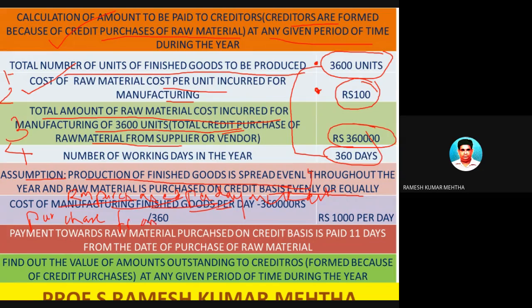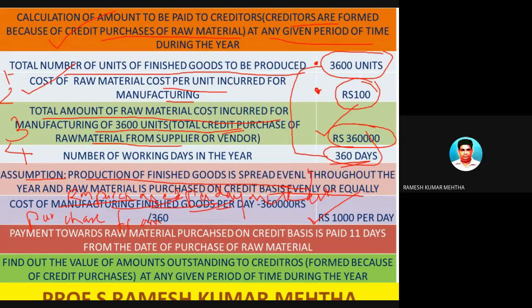So we have purchased on a daily basis raw material from the creditors, and we will find out what is the per day purchase. This 3,60,000 of raw material is purchased over a period of 360 days on credit basis. So per day, the total amount of raw material which is purchased on credit basis is 1,000 rupees.